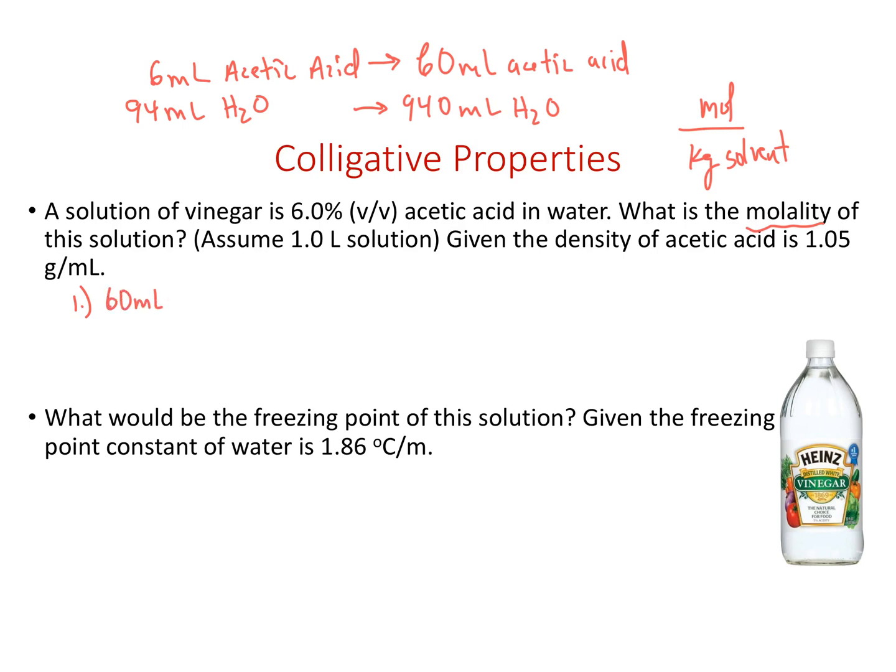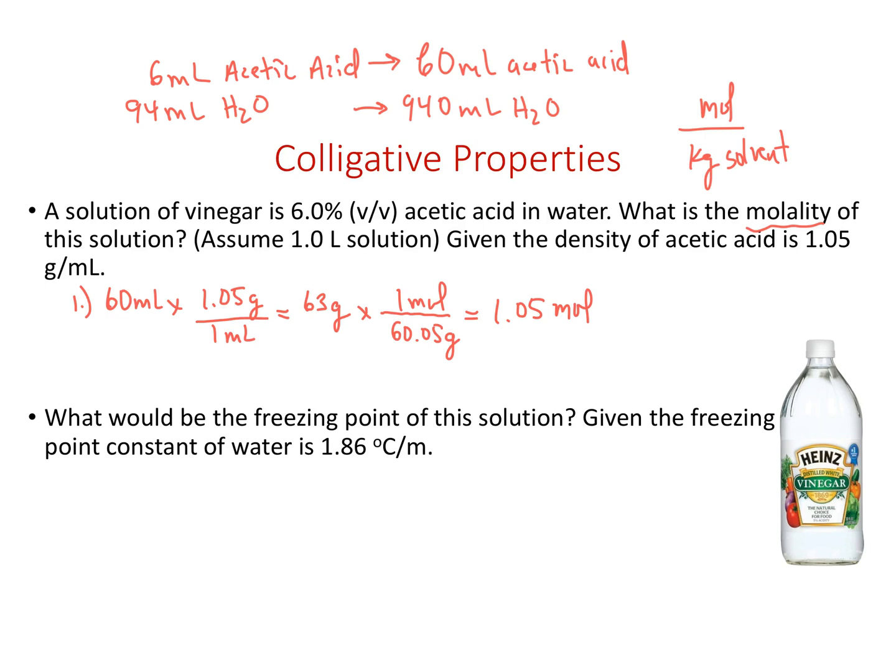So I've got 60 milliliters with a density of 1.05 grams per every 1 milliliter of acetic acid. So approximately 63 grams of acetic acid. Look up the molecular weight of acetic acid. It is 60.05 grams in 1 mole. So we can turn those grams of acetic acid into approximately 1.05 moles of acetic acid.